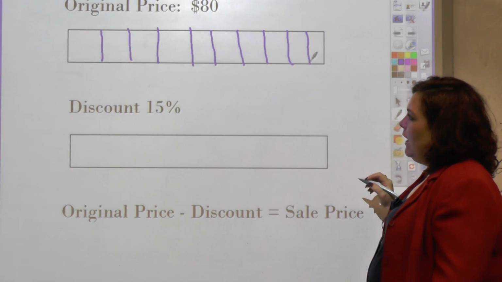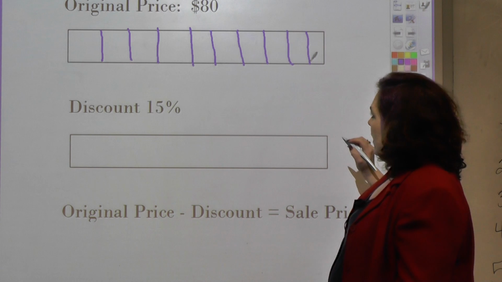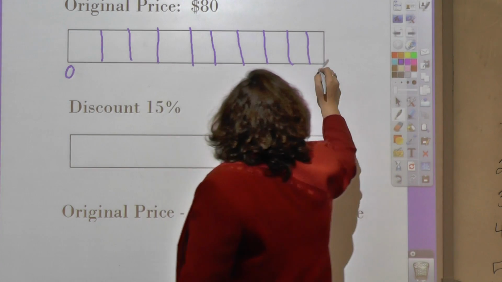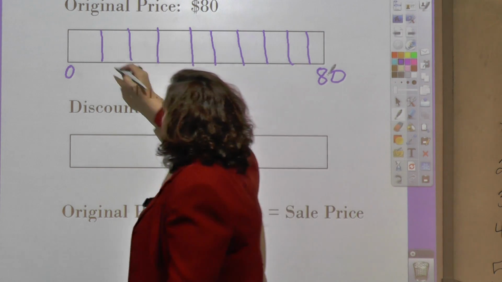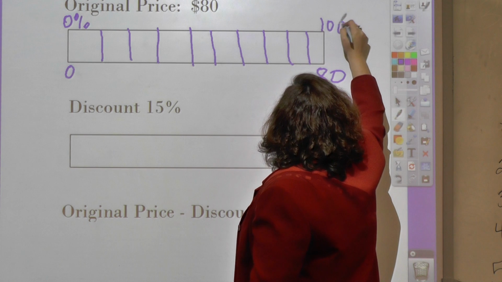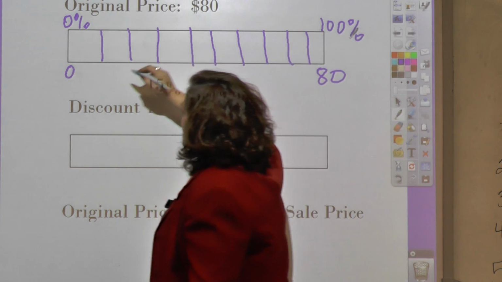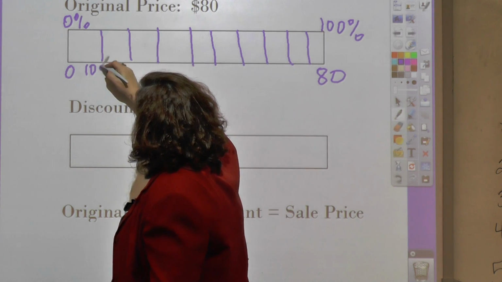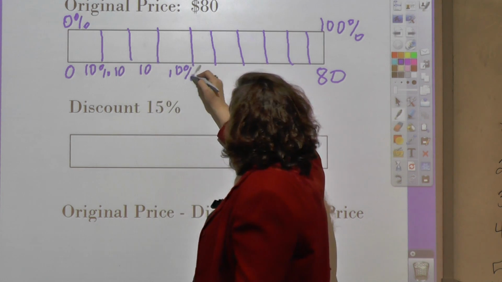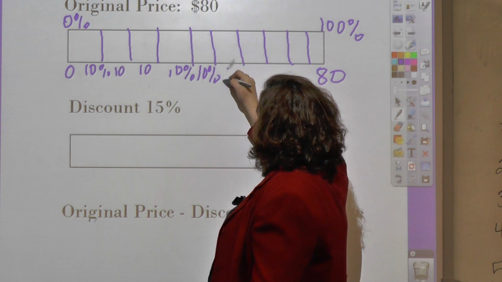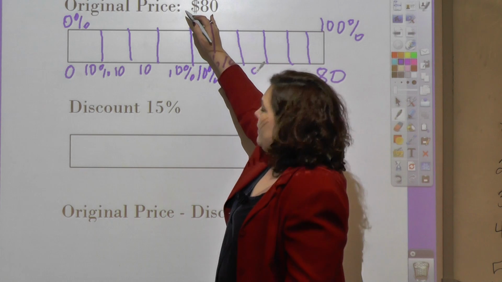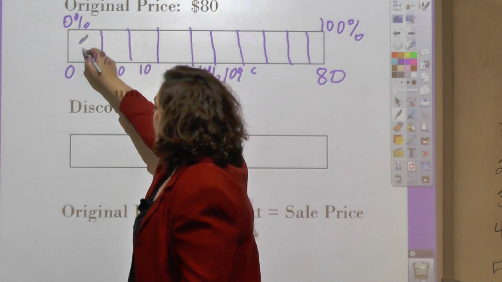And so I've got 10 of those, and let me label it. I'm like 0 to 80. And I have 0% to 100%. And each of these is 10%. And so 10%, if I divided 80 by 10, I get 8.